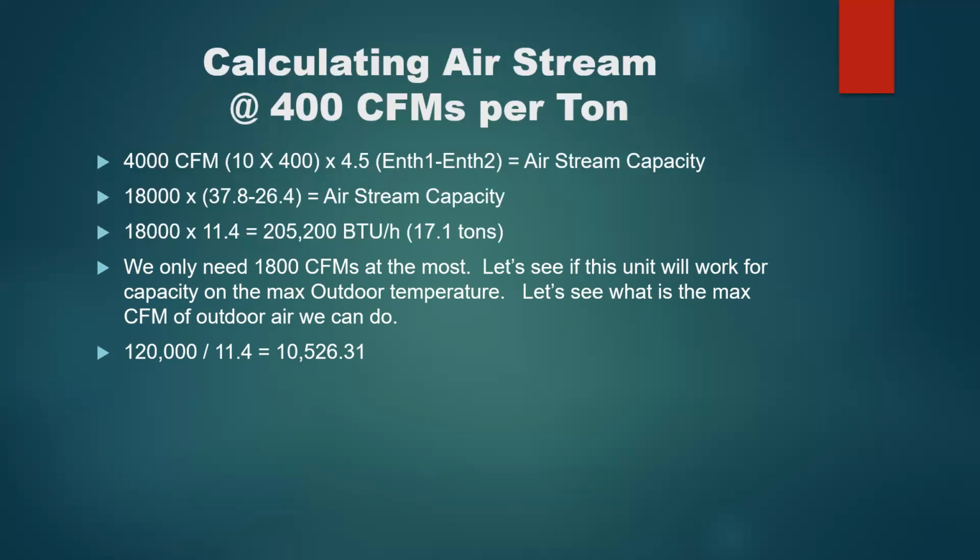We also know the difference is 11.4. So we take that 120,000, divide it by 11.4, which gives us 10,526. Now we divide it by 4.5, and that tells us we could do upwards of 2,300 CFMs of air and get it down to dew point on that coil as it's passing through. So this is more than large enough for what we need to do.